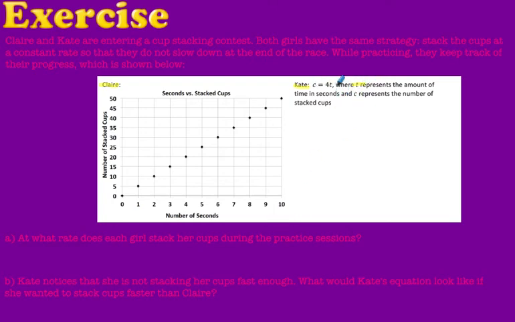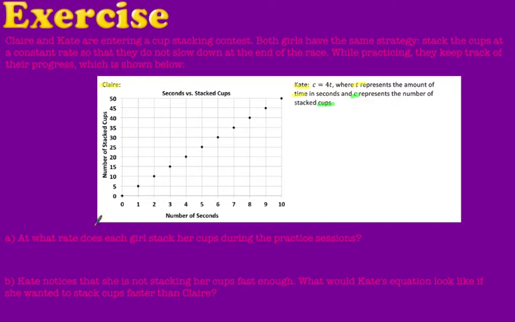Okay, so here T represents time, and I have C representing the number of cups. All right, so we want to know at what rate does each girl stack her cups during the lesson. Again, the rate, you're looking for that unit rate.